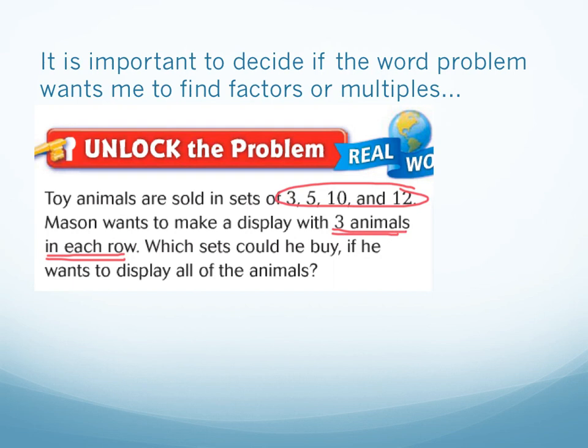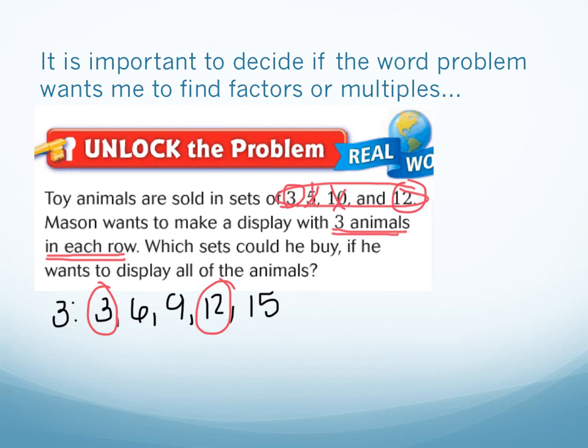So I'm going to list multiples of 3. 3, 6, 9, 12, 15. And I know that I've gone higher than my numbers, so I don't need any more. 3, of course, is a multiple of 3, but 5 is not. 10 is not either, but 12 is.